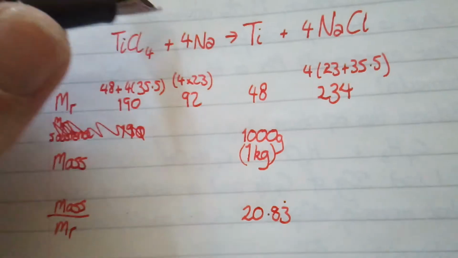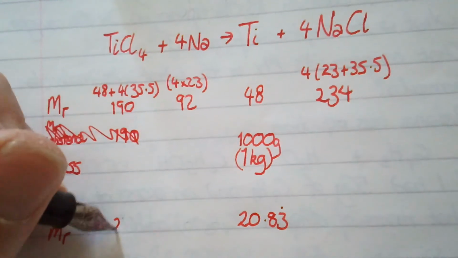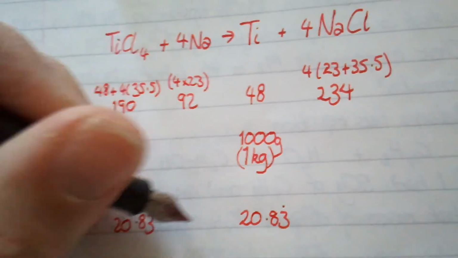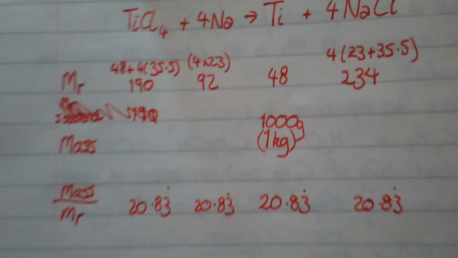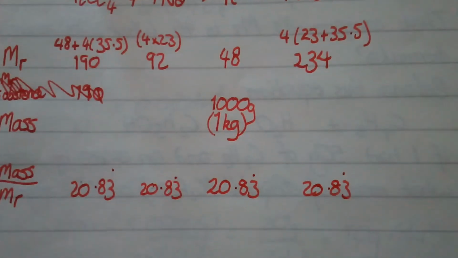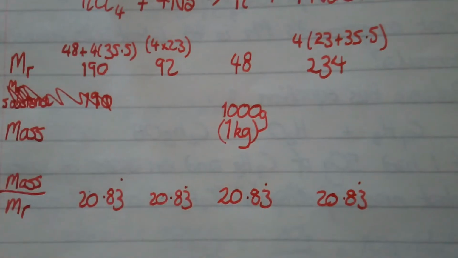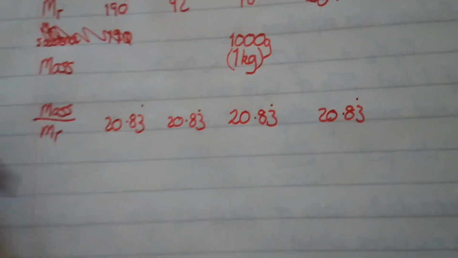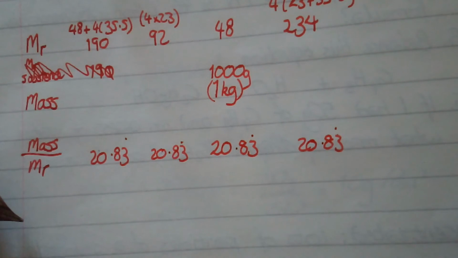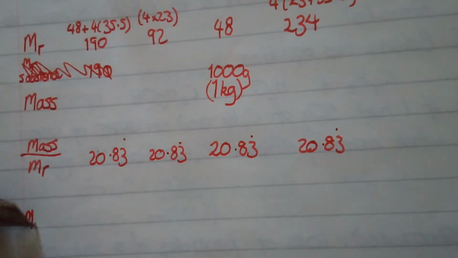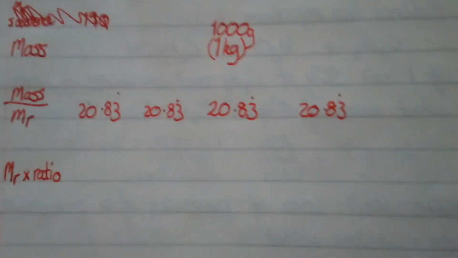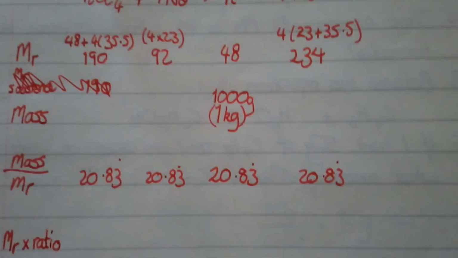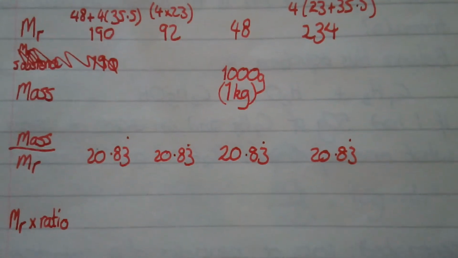We need to know how much sodium. So this number is going to be the same all the way along. Okay, so then what are the other masses? So we are going to do the MR times by this ratio, these lovely moly ratios, and that should give us the mass.